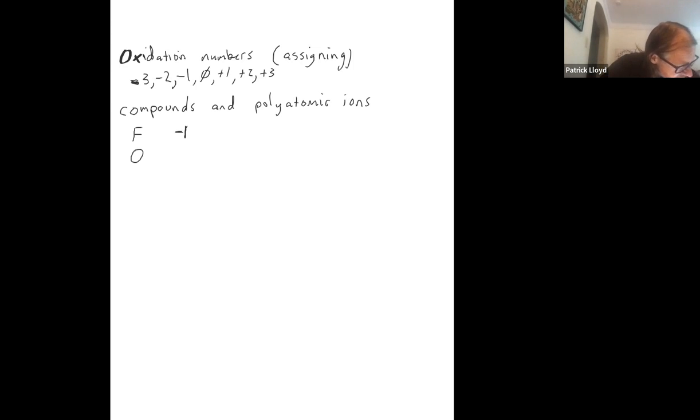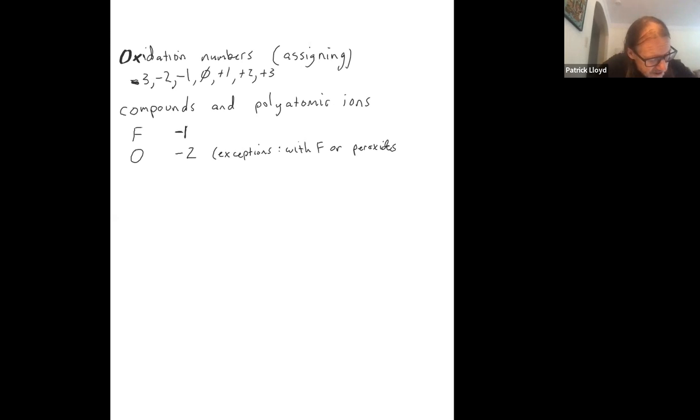Oxygen is -2, and there are exceptions to this. One of the exceptions is if it's in a compound with fluorine. If it's in a compound with fluorine, it turns out that's not true. The other exception is what we call peroxides.